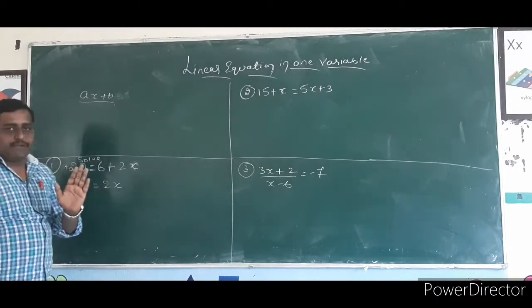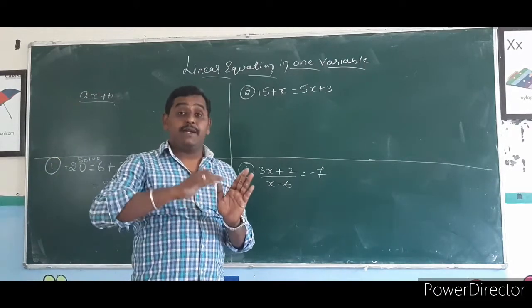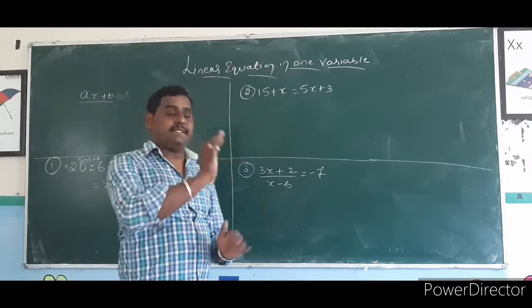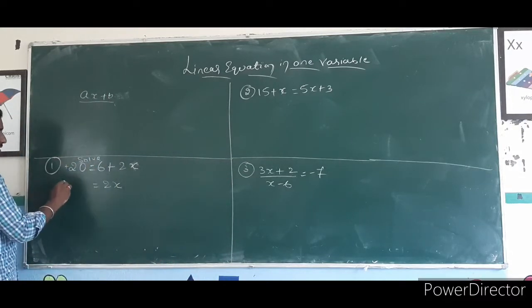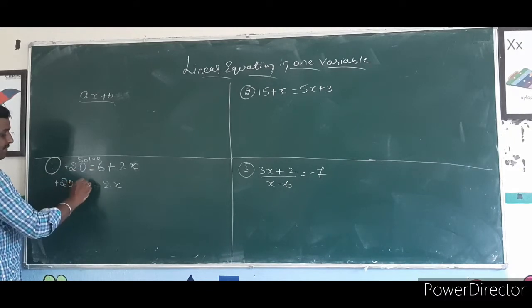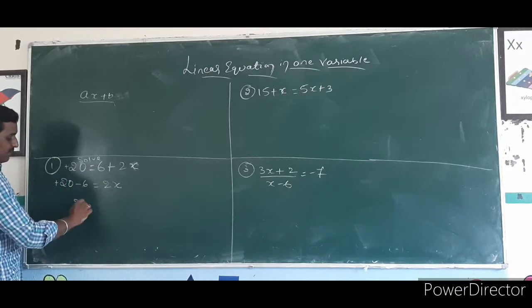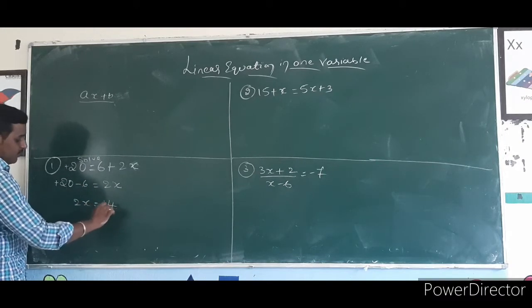Any term you can shift from RHS to LHS or LHS to RHS. The plus will become minus, and the minus will become plus. So here plus 6 is there. This plus 6 you can shift to LHS. Plus 20 is already there. Plus 6 you shift, it will become minus 6. Then 2x is equal to 20 minus 6, that is 14.